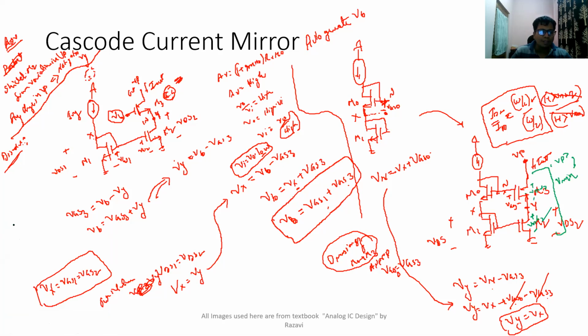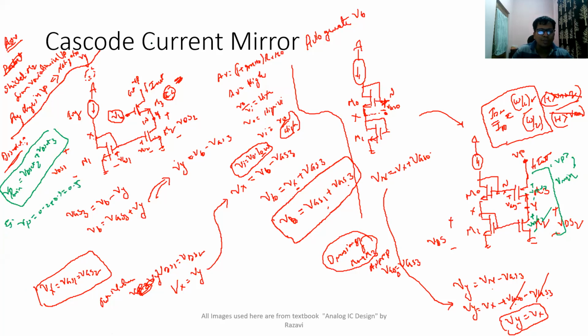So the minimum voltage, Vp minimum, whatever you can have in that circuitry, is the saturation voltage of the second transistor plus the saturation voltage of the third transistor. Let us say the saturation voltage of the second transistor is 0.2 and the third transistor is 0.3, then the minimum value which Vp can take is 0.2 plus 0.3, which is 0.5.